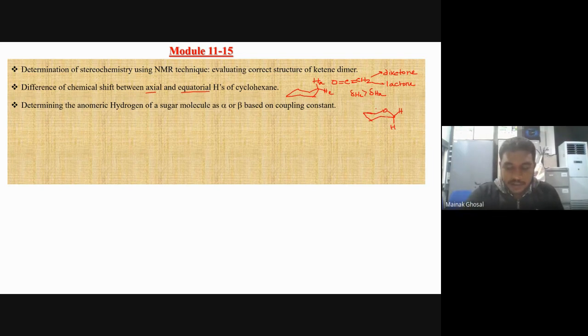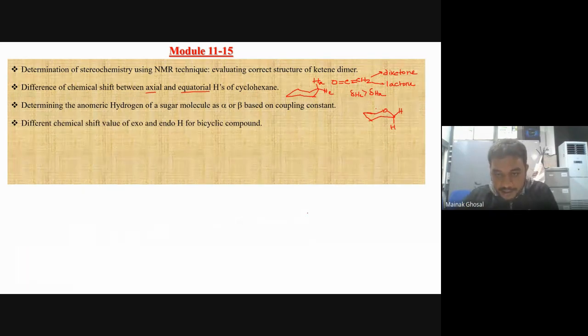That I will show. Before that, different chemical shift values for exo and endo hydrogen of a bicyclic compound you can also determine. I'm doing it here below.